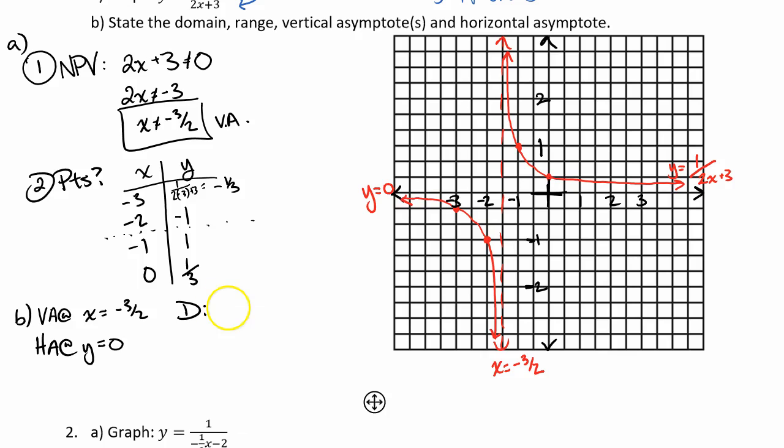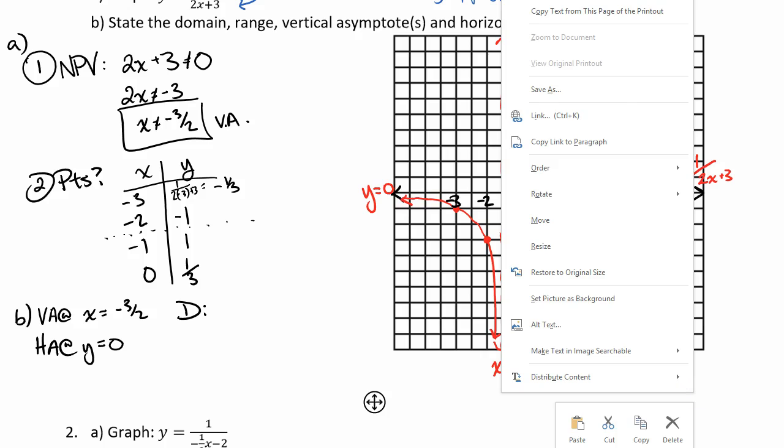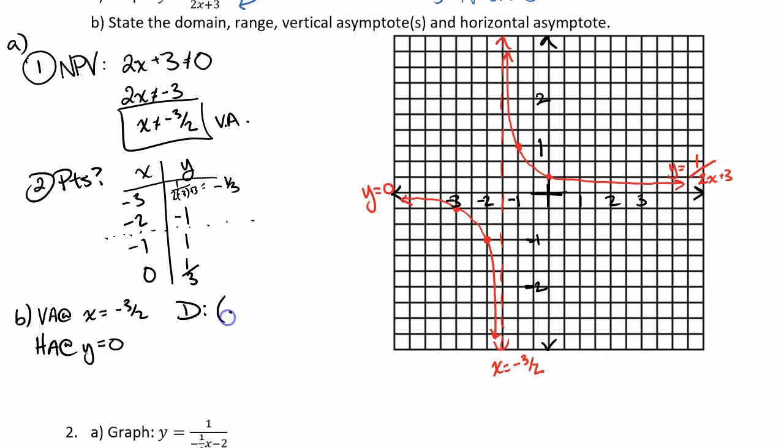I'll do it in interval notation for this one and set notation in the next example. So it's going to be negative infinity going to the left. When I get to that vertical asymptote, I have to stop before I actually reach it. I'm also going to hop over it, and just on the other side, I'm going to pick up where I left off and go to positive infinity.